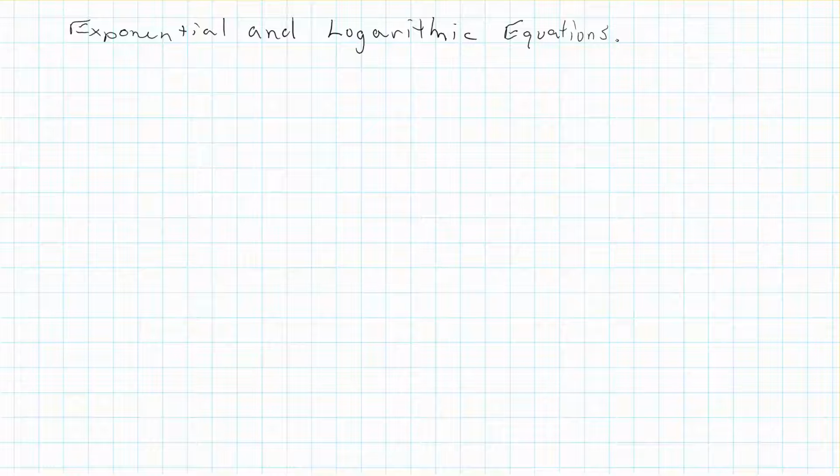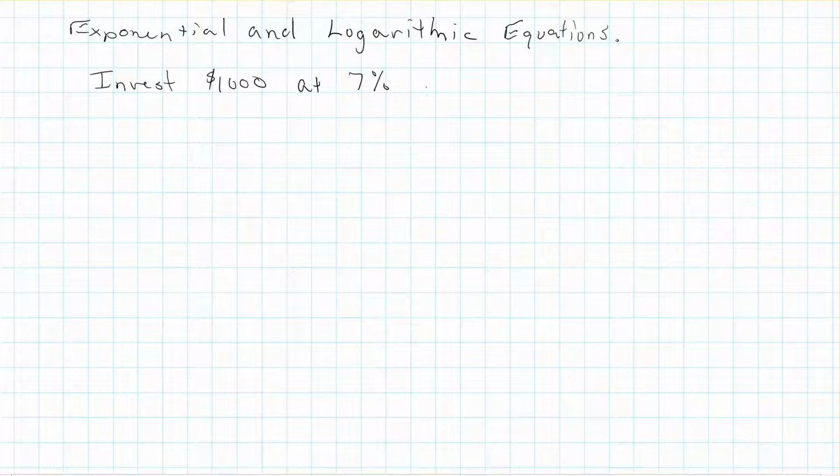So the reason we want to talk about solving exponential equations, a quick example you could ask yourself, and maybe we'll even do this as a first problem here. Let's say we invest $1,000 at 7% APR compounded monthly.